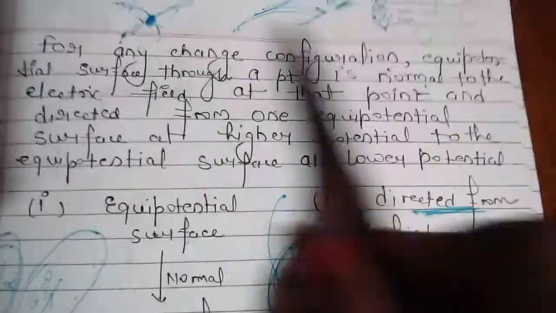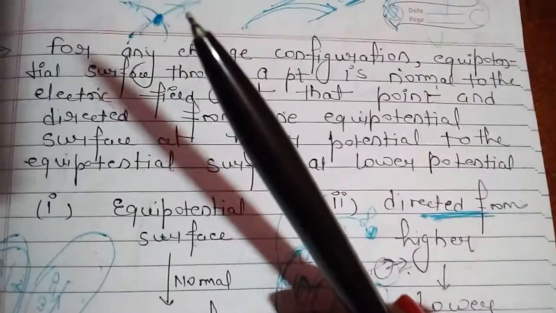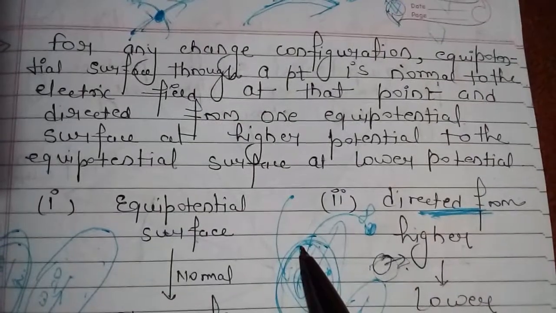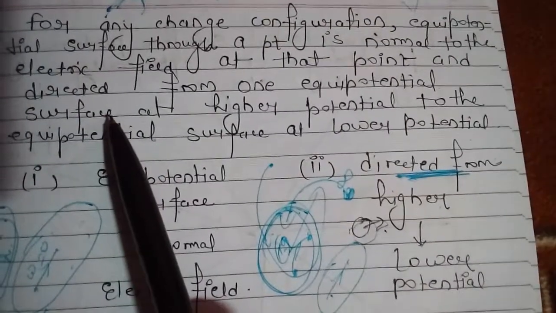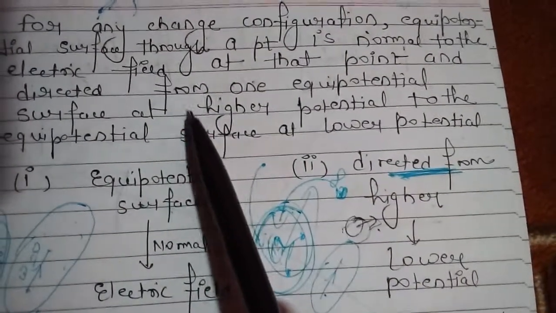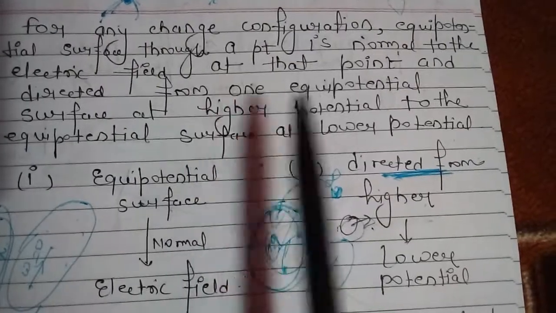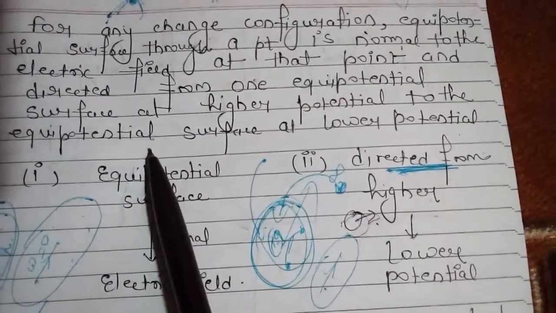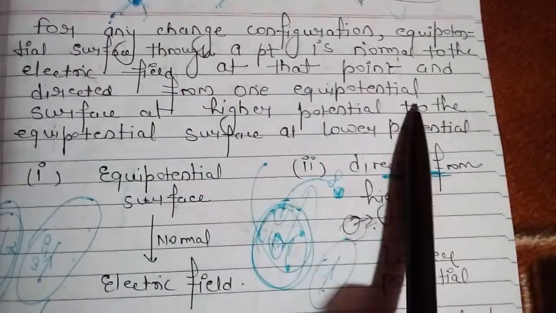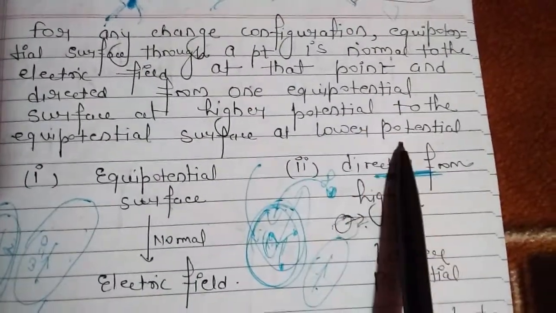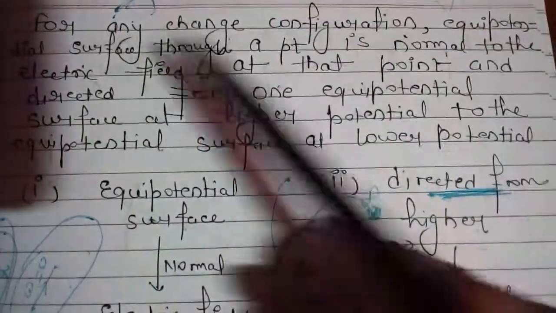The direction of the electric field is always normal to the equipotential surface, and it is directed from the equipotential surface at higher potential to the equipotential surface at lower potential.